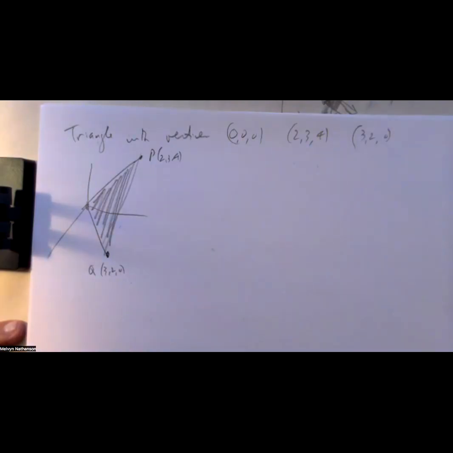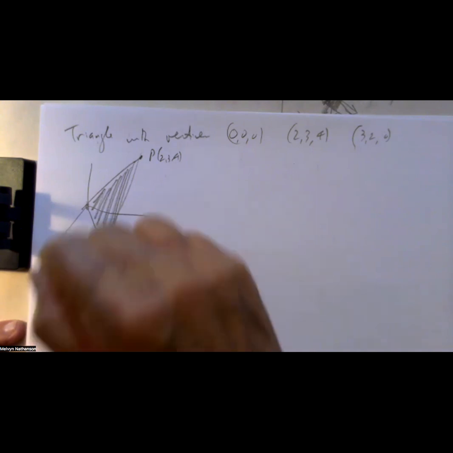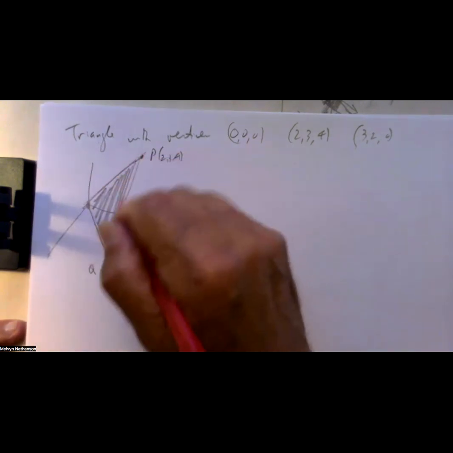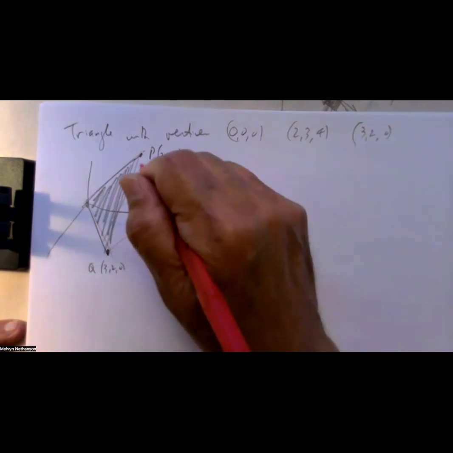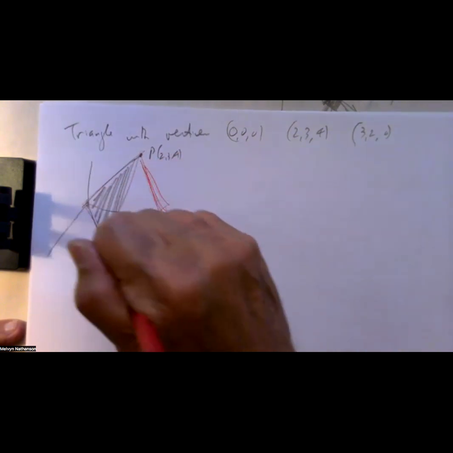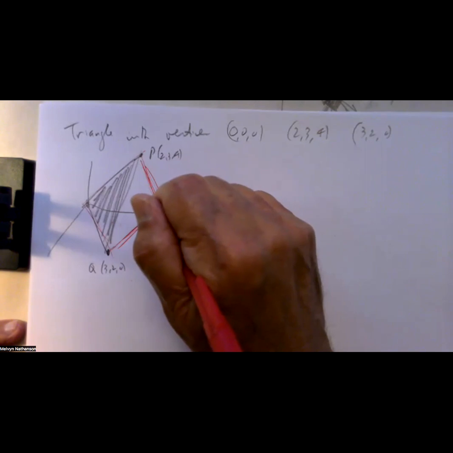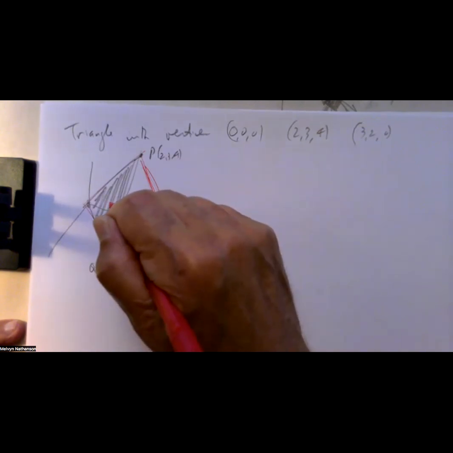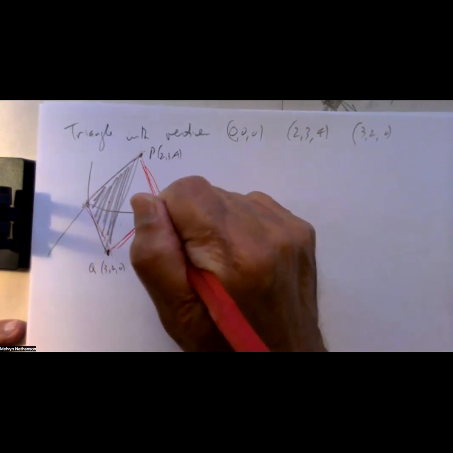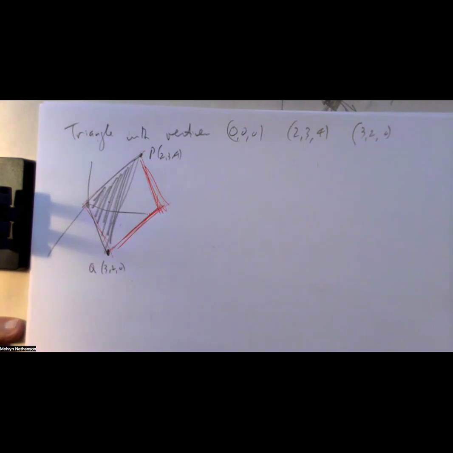I kind of sketched a proof out. It is always the case that if you have a triangle, you can construct from it a parallelogram, and the area of the triangle is half the area of the parallelogram.